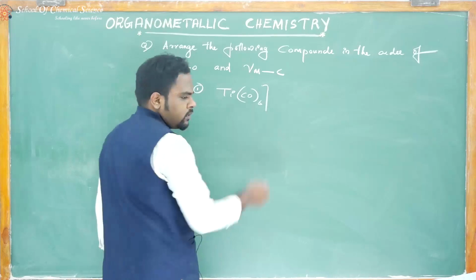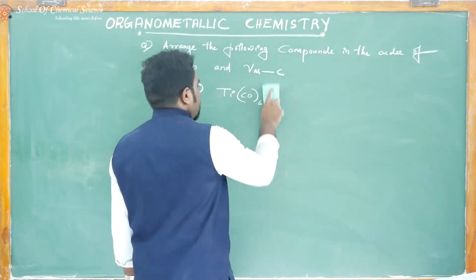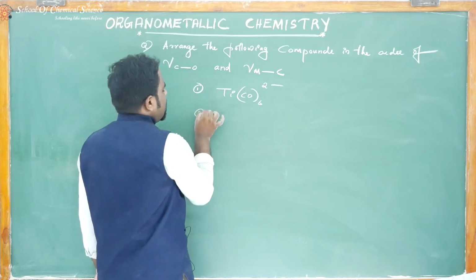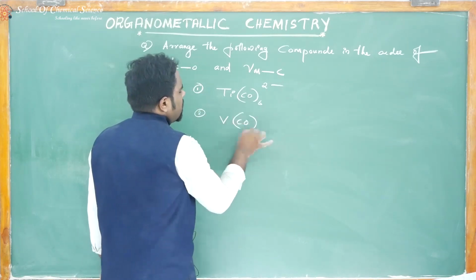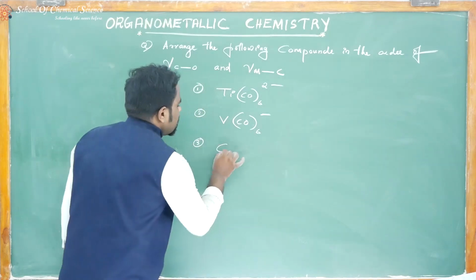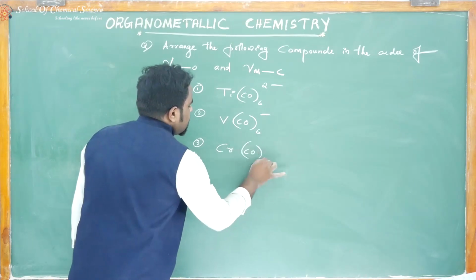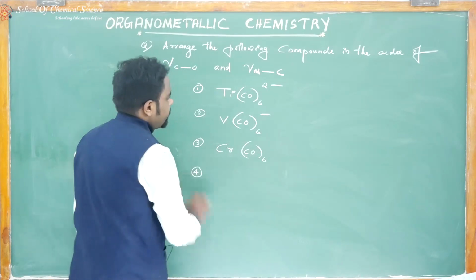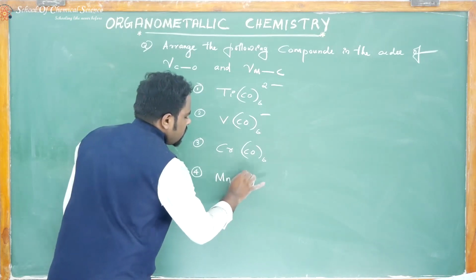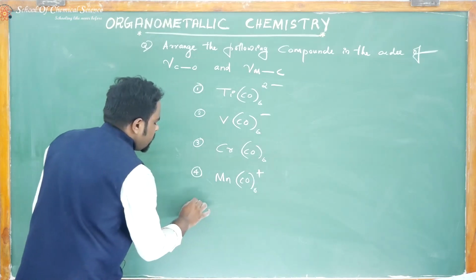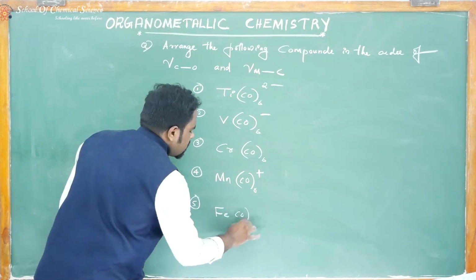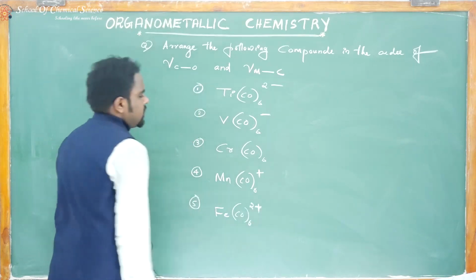Ti(CO)6 2 minus, second one V(CO)6 minus, third one Cr(CO)6, fourth one Mn(CO)6 plus, fifth one Fe(CO)6 2 plus.